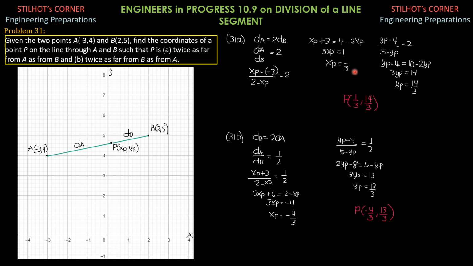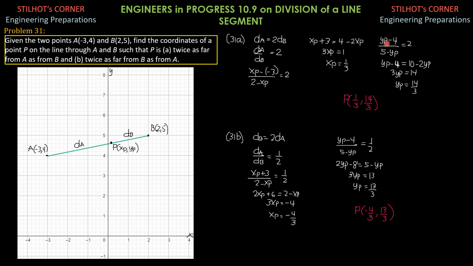Then for the second part, let's have the y coordinates projection. Y sub p, because we use this formula here. So y sub p minus 4 equals 2 times quantity 5 minus y sub p, or y sub p minus 4 over 5 minus y sub p equals 2.